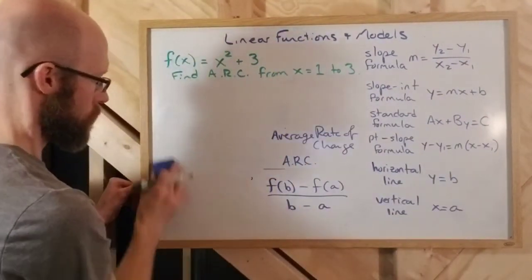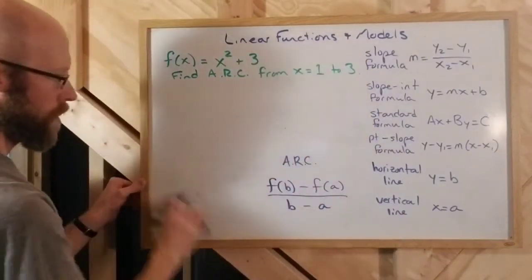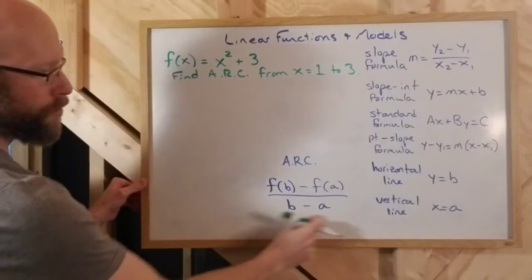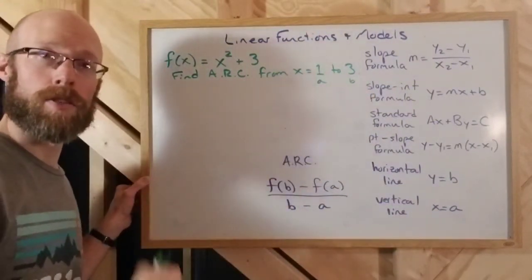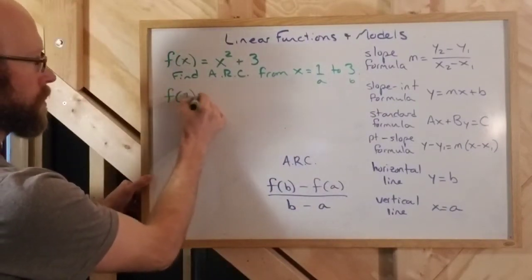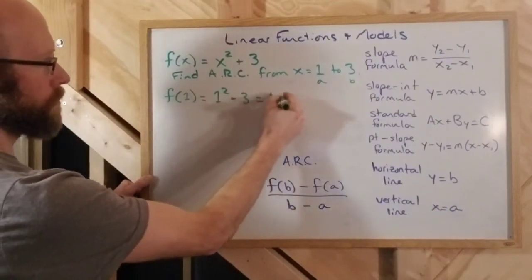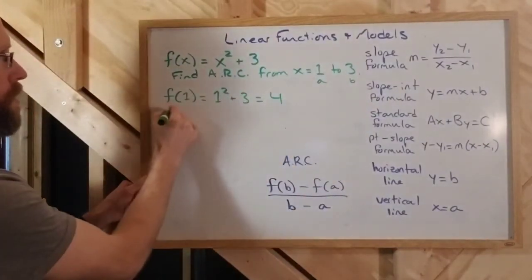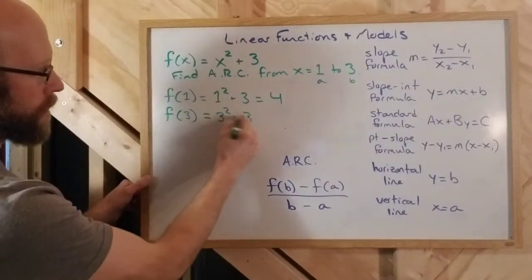We use this formula. 1 and 3 are the a and b values, so we need the function values. f of 1 is 1 squared plus 3, which is 4. And f of 3 is 3 squared plus 3, 9 plus 3, which is 12.